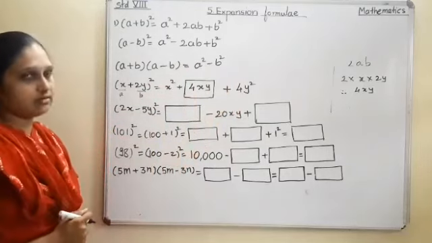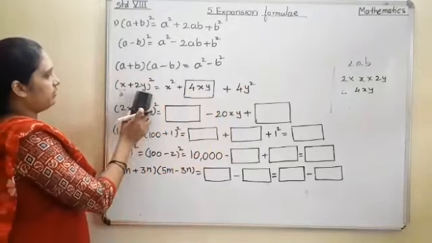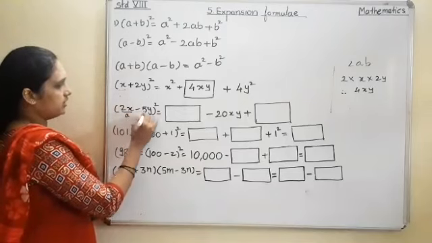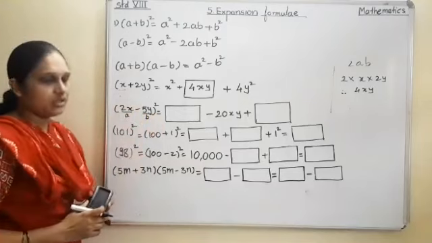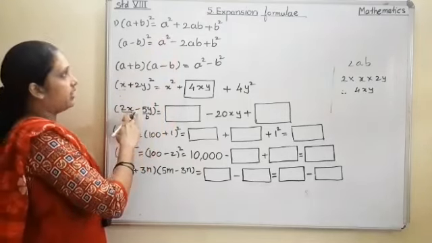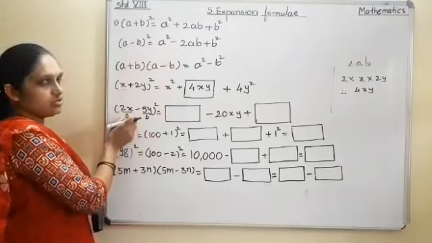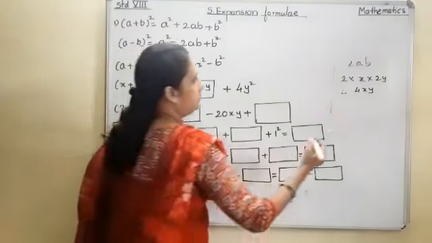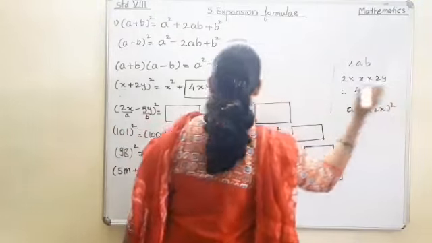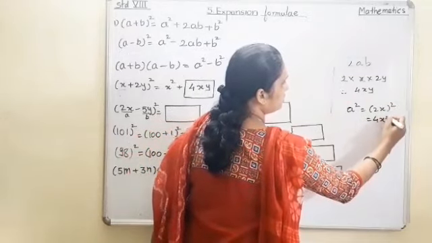Now the second identity. Second is given, (2x minus 5y) the whole square. So again first term I'll consider a, second I'll consider b. Now here what we require? Again it is a minus bracket, so we'll use a minus b whole square. a square we want. a means 2x, so a square means (2x) square. 2x square is what? 4x square.